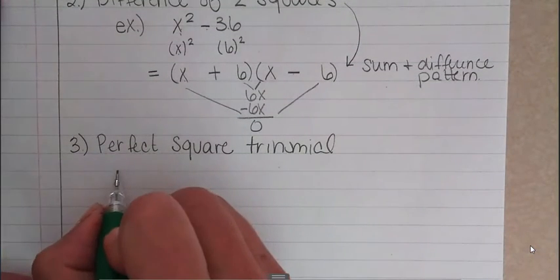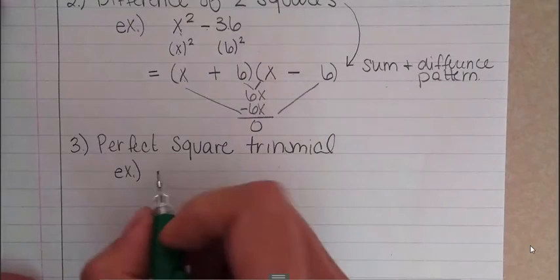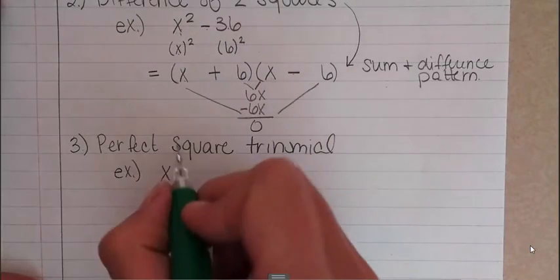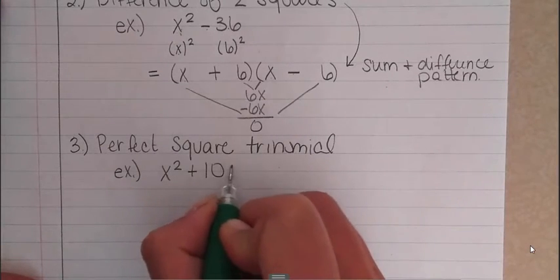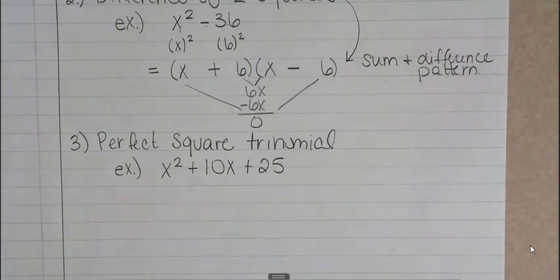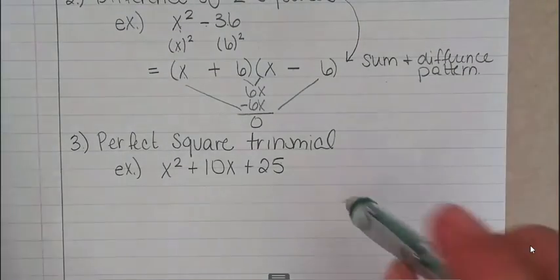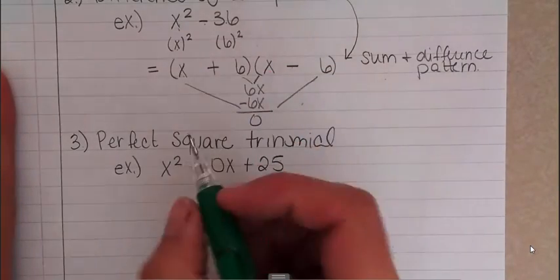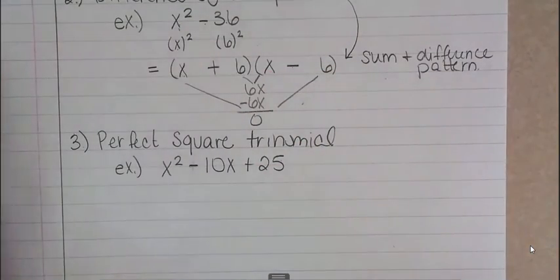Okay, so an example of this might be x squared plus 10x plus 25. Actually, let's put a subtraction sign here, just to give you a negative example. It works both ways.